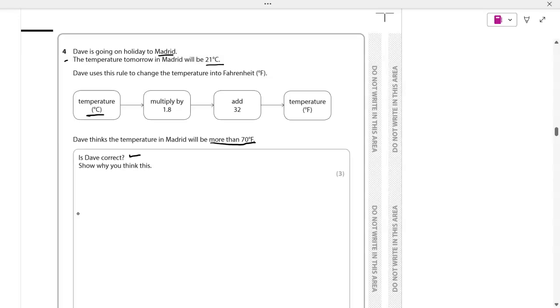It says the temperature is 21 degrees Celsius. So that'll be 21. And the next rule is to multiply it by 1.8. So I will put this in my calculator to find out what it is.